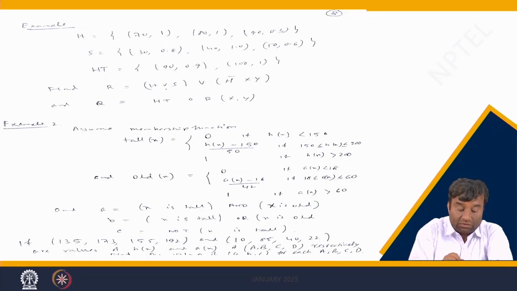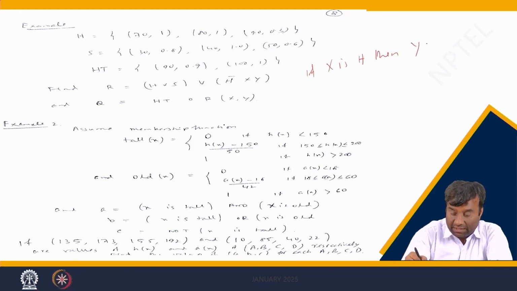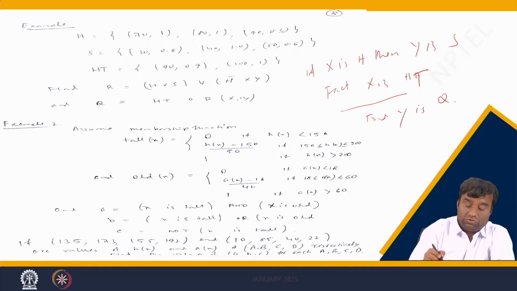Find this R, H cross S union H complement cross Y, and the value of Q. Here the rule is that if x is H, then y is S. The fact is that x is Ht, or x is xt. Now find the value of y, which is something like Q. So try to solve these questions.